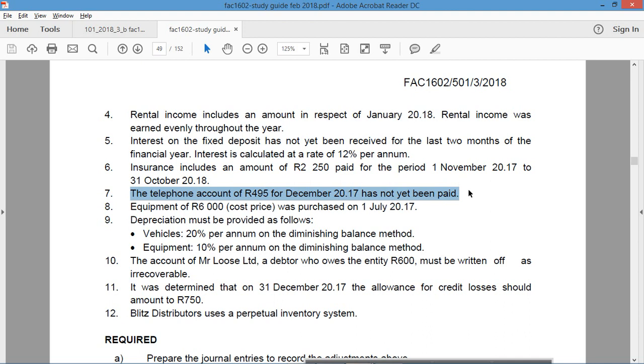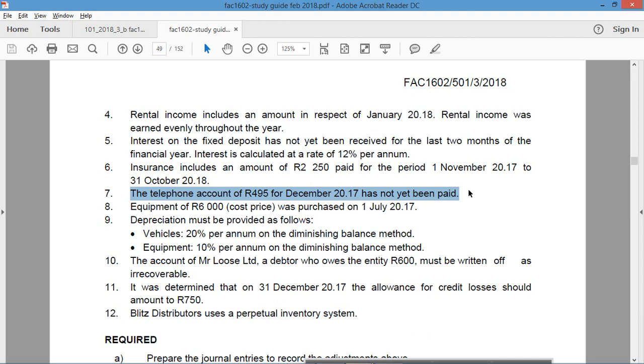Okay, 8. Equipment of 6,000 cost price was purchased on the 1st of July. 7. The telephone account of 495 for December has not yet been paid. So a telephone account is an expense, it hasn't been paid, so it's increased. So it increases on the debit side. So won't a telephone account be debited? Then it won't be bank. It will be expense.